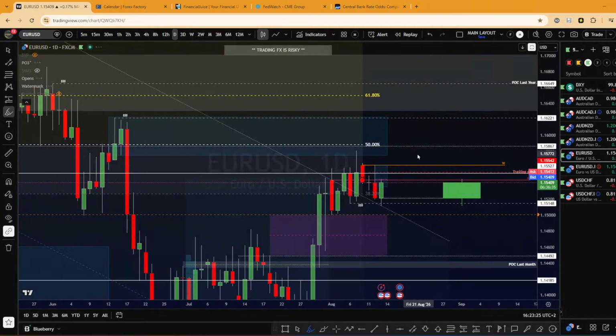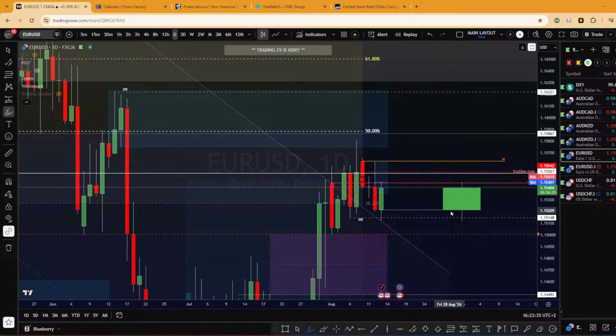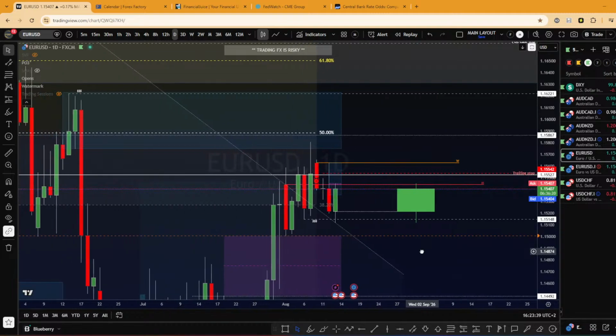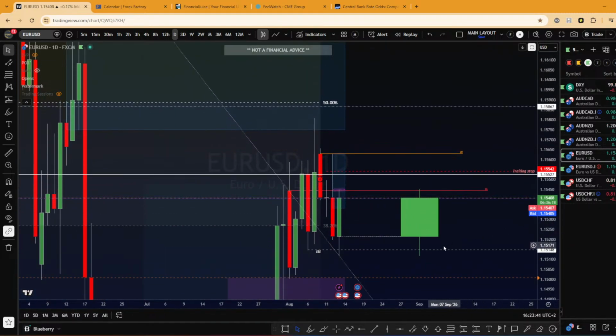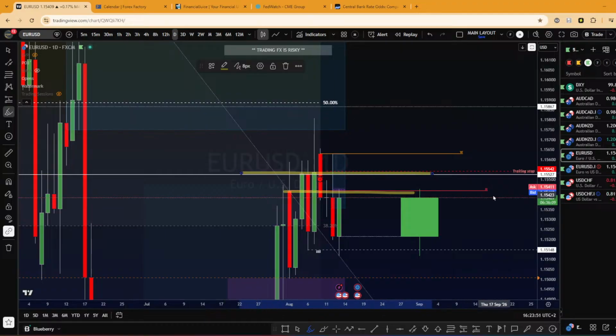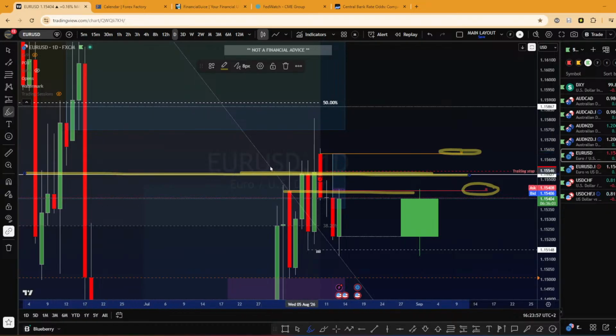And the fact that we recently have soft PPI will not help my Euro USD trade to the sell side. So let's see. I stick to my rule. I stick to what I am thinking at the moment right now. So what I'm looking at right now is a bunch of resistance. We have this monthly open, we have the weekly open, we also have this level on higher time frame.